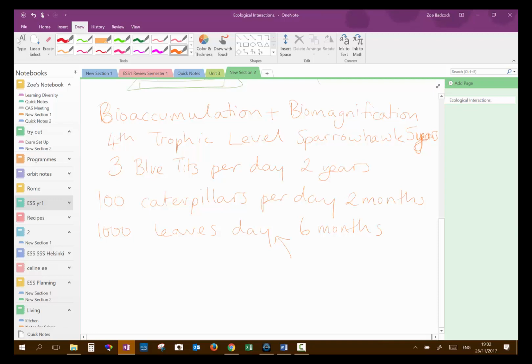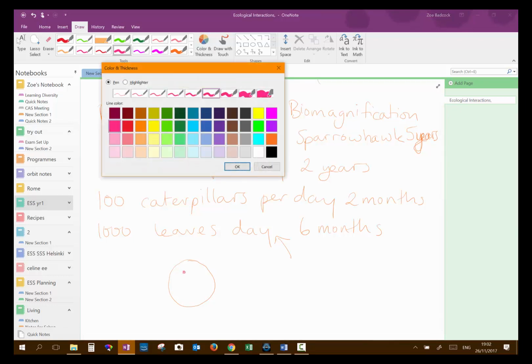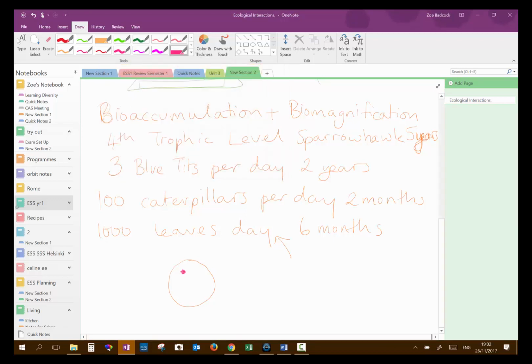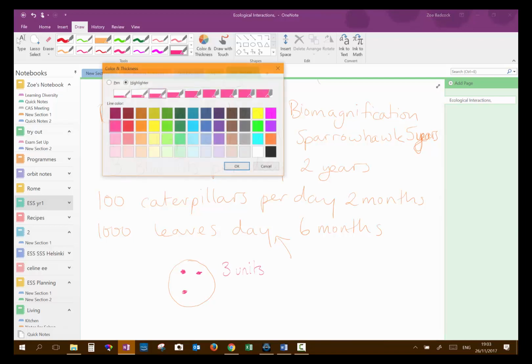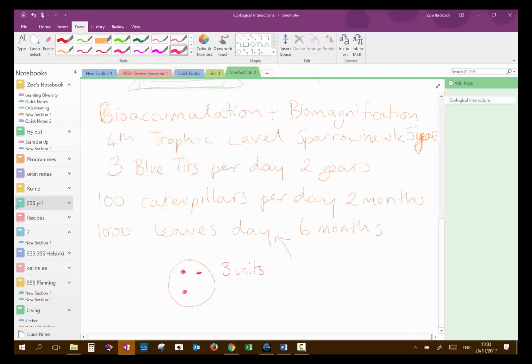So each of the leaves contains, say, 3 units of a mercury compound, because it's never actually just mercury.